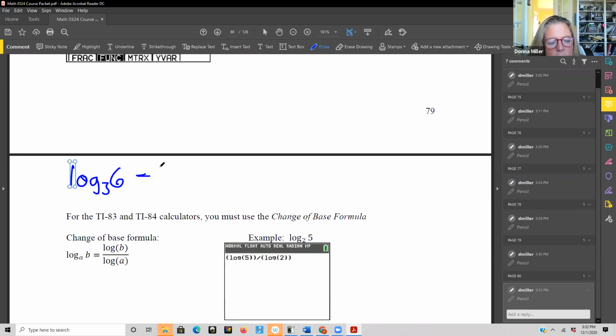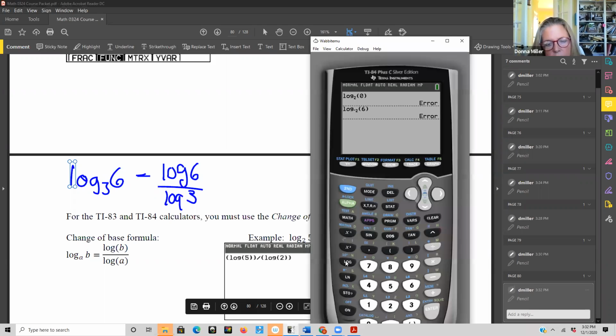So what you basically do is you need to take the log of 6, the big number, over the log of the base. The way that I remember this formula, base goes on the bottom. So the 3 goes on the bottom. So in my calculator, I can take the log of 6 and divide it by the log of 3. All right, and there's my answer.